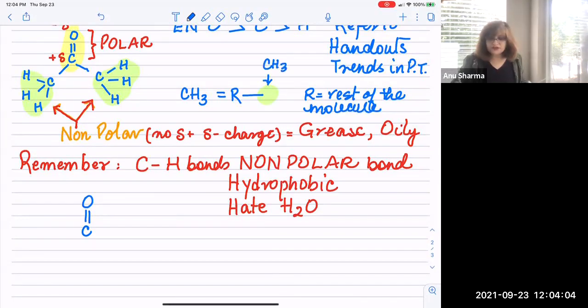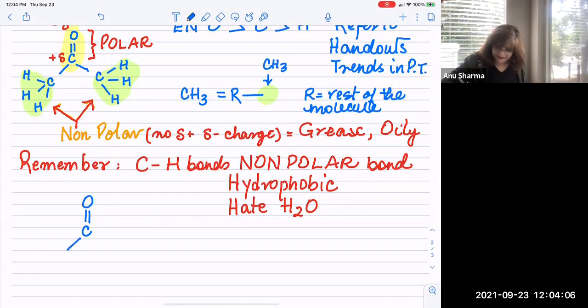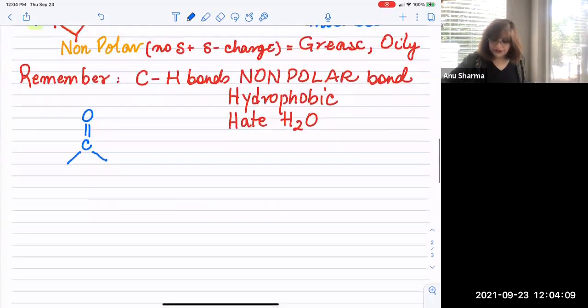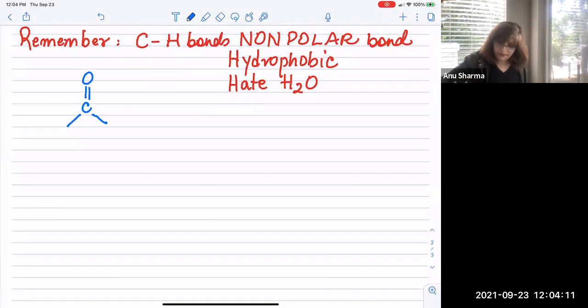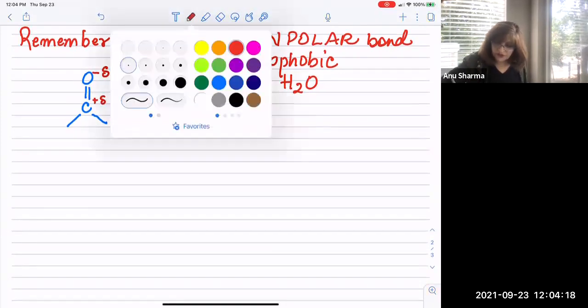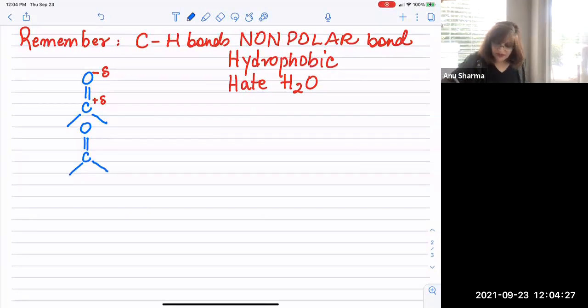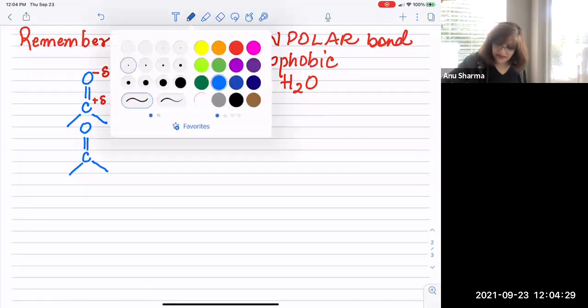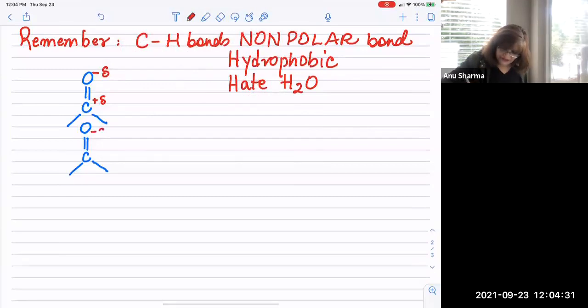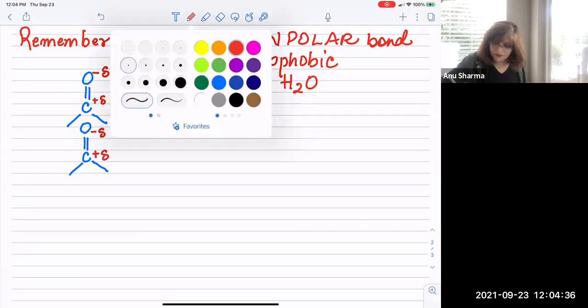So this is all organic chemistry. Now, remember that the way this is going to align, oxygen is delta negative, carbon is delta positive. So the oxygen is going to be attracted to carbon, and the CH3s are hanging off on the sides. So every positive end is aligned with the negative end of the neighbors.